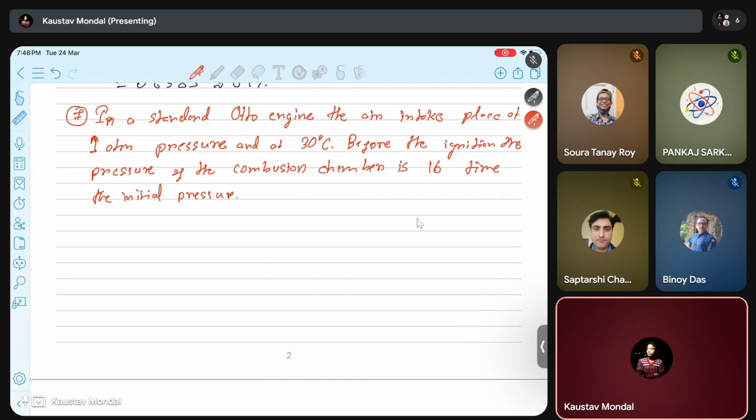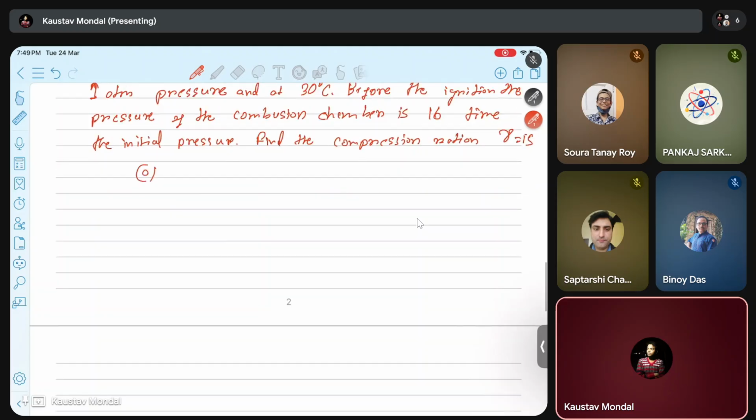Find the compression ratio. Given gamma equal to 1.5. The options are option A 5.65, option B 6.35, option C 8.23, and option D 1.24.